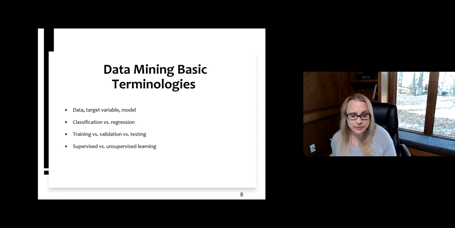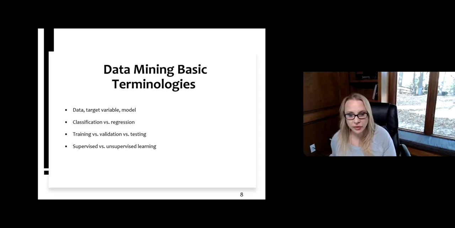Then oftentimes, especially if we have an update, we will have a third segment of our data which we will use for additional testing to see how it does when we add additional data to our model. So for the purposes of learning about data mining, we will stick to training and validation data sets. But if you do have a large enough sample size, it is often advisable that you split it up into those three groups: training, validation, and testing.